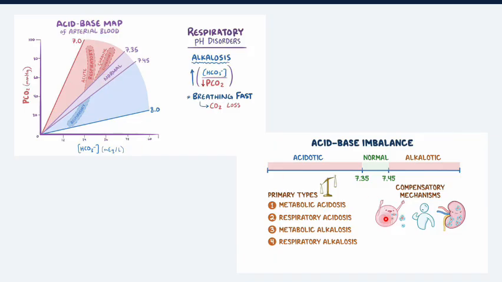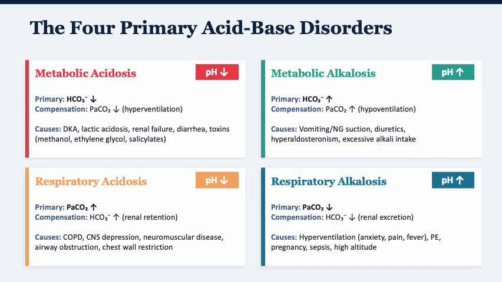So it's just the diagrams that I showed before going through the primary types of acid-base imbalance. And then this is the summary slide that may be a little bit easier to digest. Metabolic acidosis, again, decreased pH.